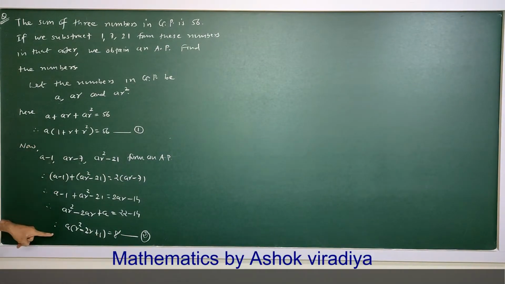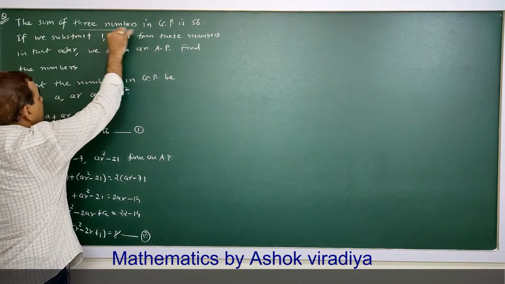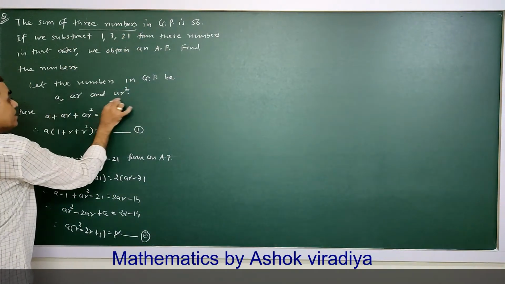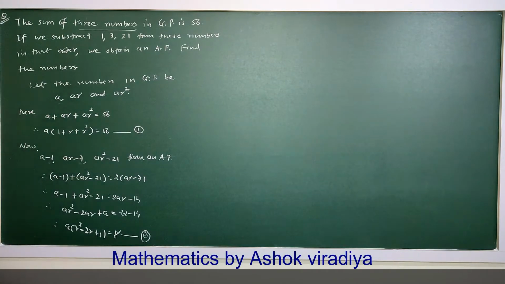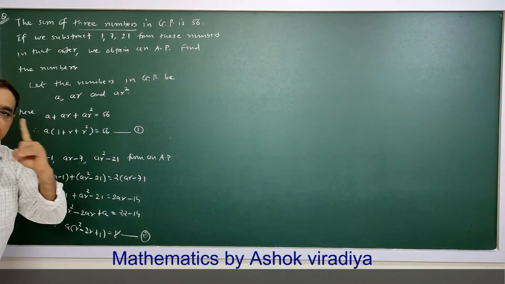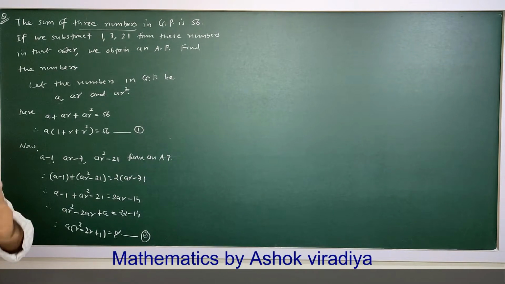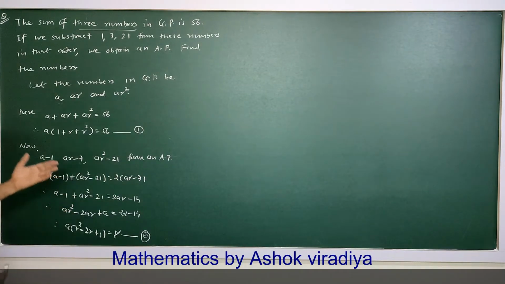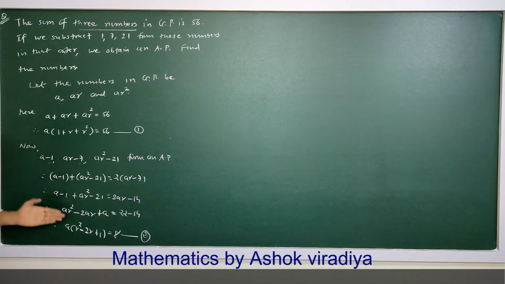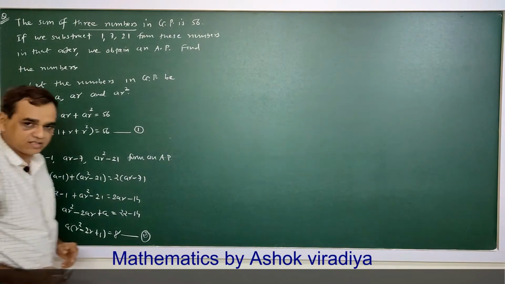Result 1, result 2. We want to find these three numbers. So to find these numbers, the value of A and the value of R are required. So we have to solve these two equations. If we take the ratio of 1 and 2, then automatically A will be cancelled.